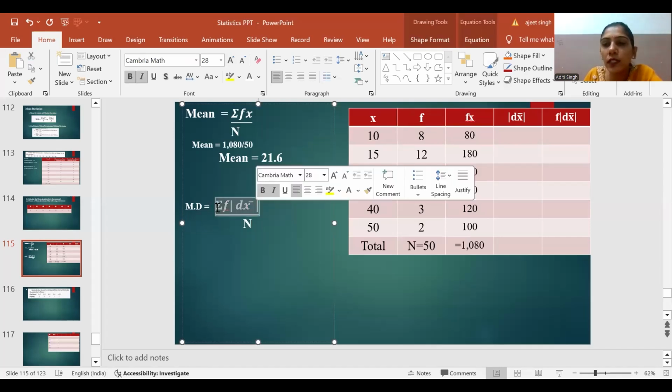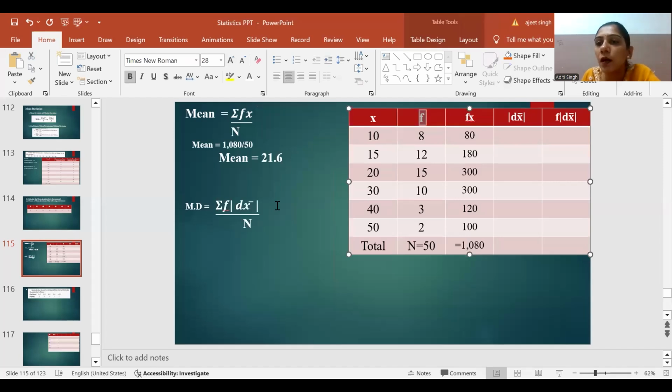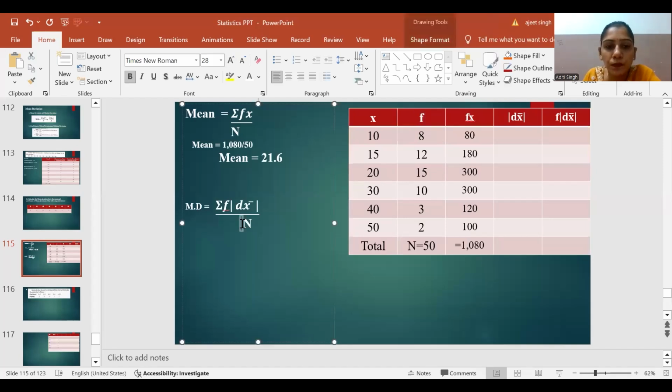So the formula is sigma f dx bar divided by n, where n is the sum of frequency. First of all we have to calculate this dx bar, and we will calculate it with the help of the mean value.